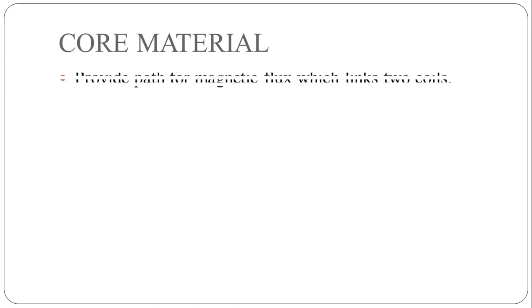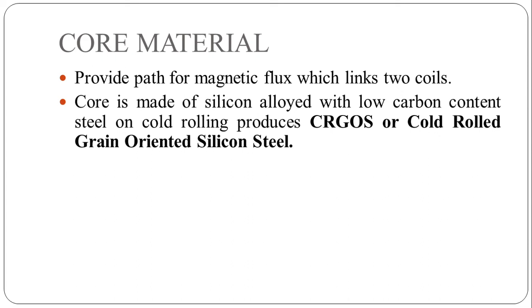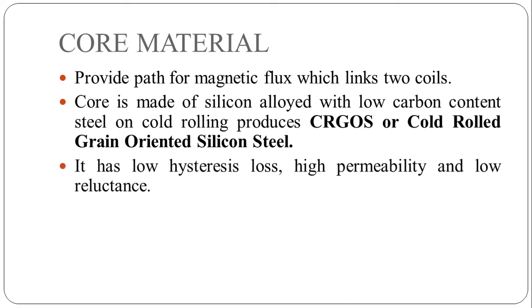Now I will tell you about the core material. The core of a transformer is made up of CRGOS. CRGOS means cold rolled grain oriented silicon steel. CRGOS is made by silicon alloyed with low carbon content steel and cold rolled.